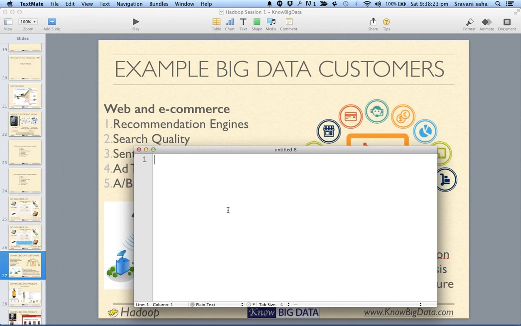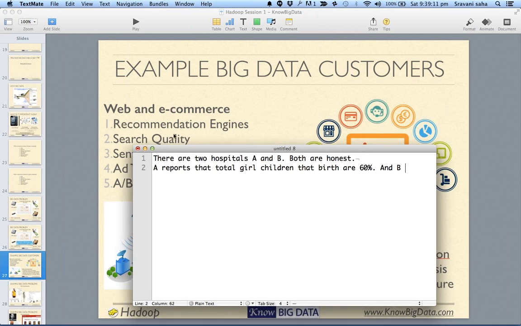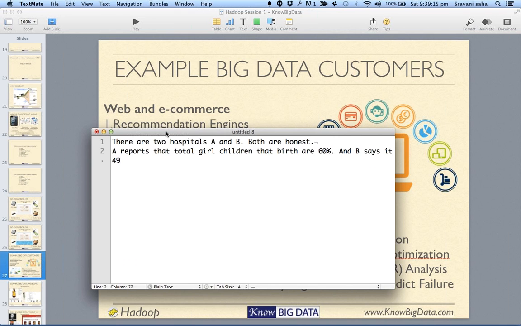My question to all of you is, there are two hospitals, A and B. Both are honest. A reports that the total girl children that took birth are 60%, and B says it's 49%.